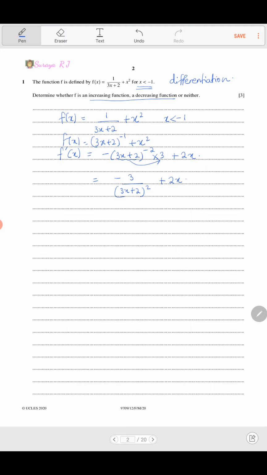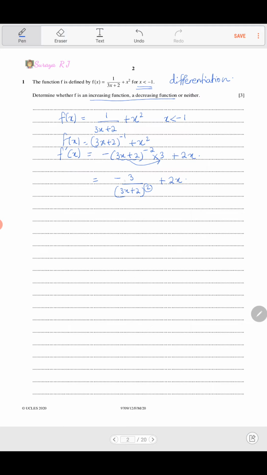Now let's consider the domain. When x is less than minus 1, so when we replace x by a value which is less than minus 1, the denominator will always be positive because of the square here.